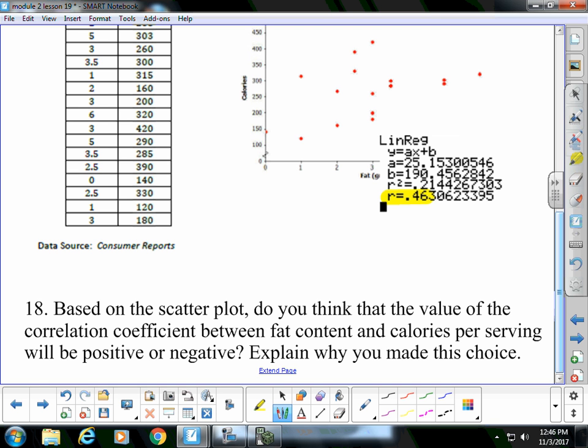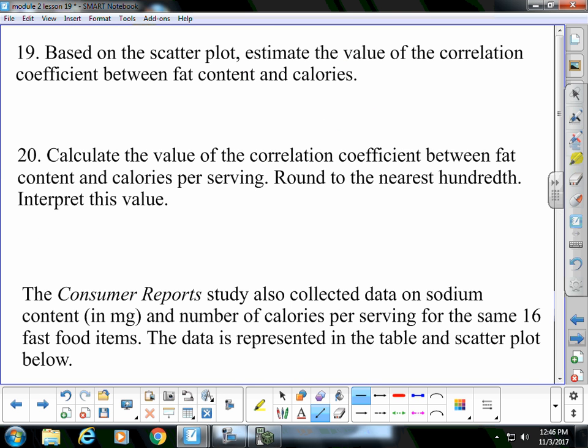So it came out to be positive. Which, looking at the graph, I would have guessed that, because this is going up. But I'm really surprised that it only came out to about 0.4. So it came out to R is equal to 0.46, which is moderate. Which I'm really surprised. I thought it would be a lot higher.